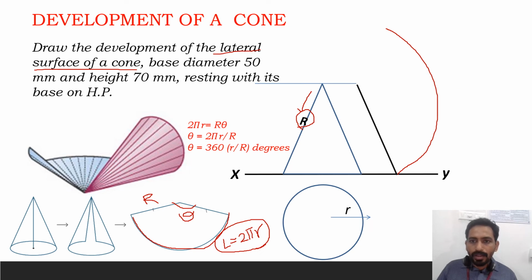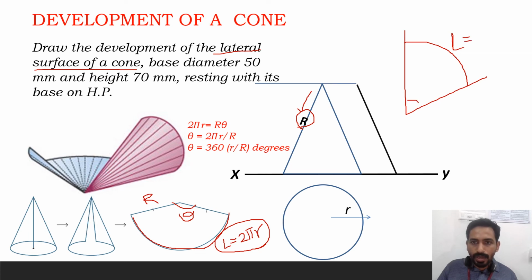In order to find the included angle, if you have an arc here, say the arc has a length, if this angle is theta and the radius is capital R, the length will be equal to R into theta, where theta is in radians.